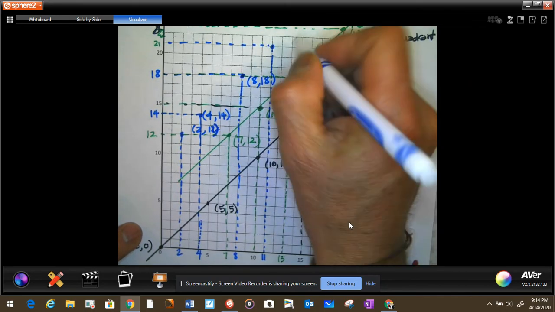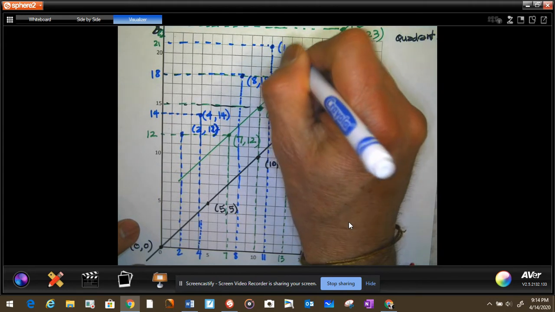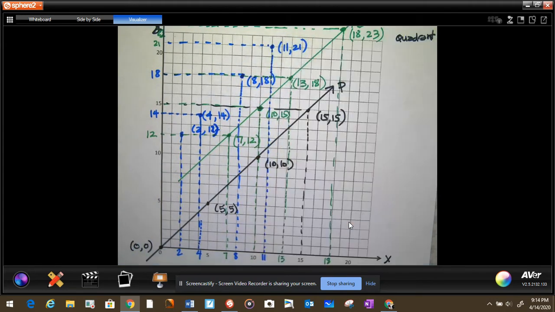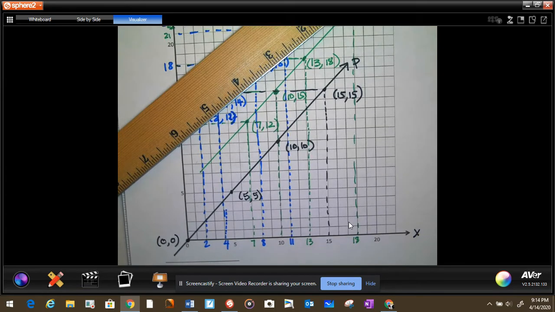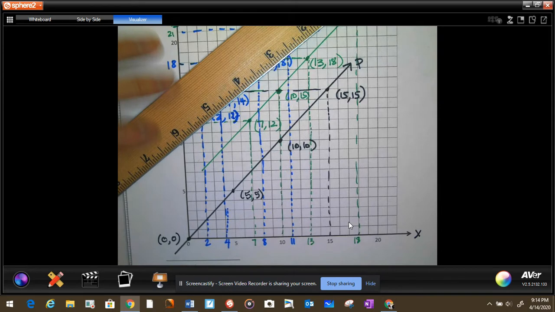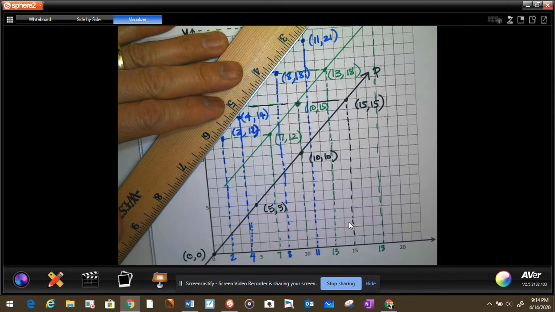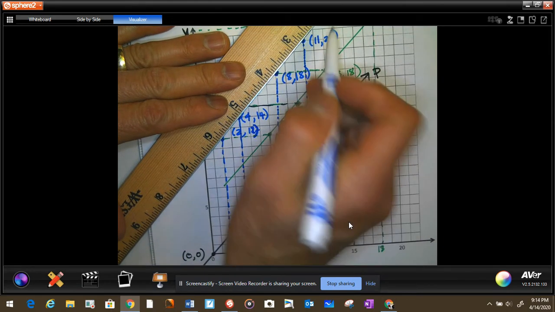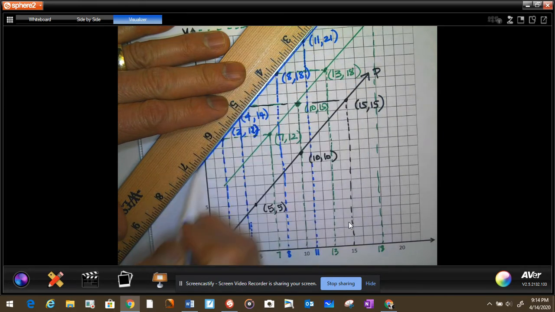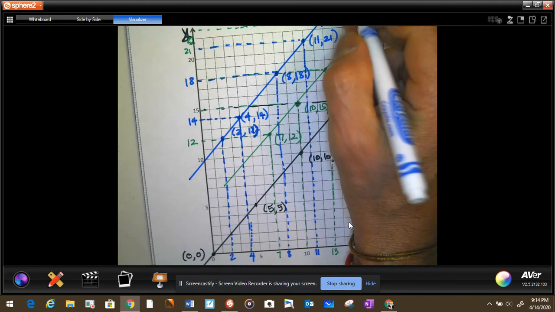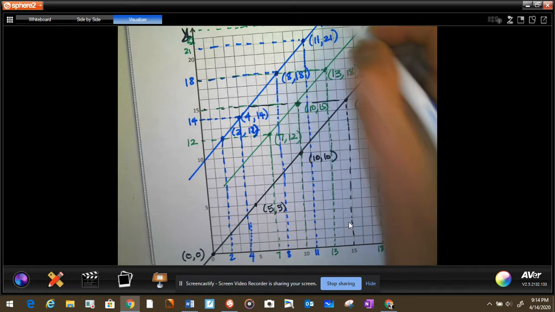So that's going to be the point 11, 21. Again, as you can see, when y is increasing, when we're adding to y, the line keeps moving away from x. Okay, so this is line C.